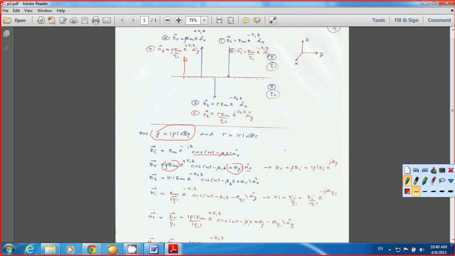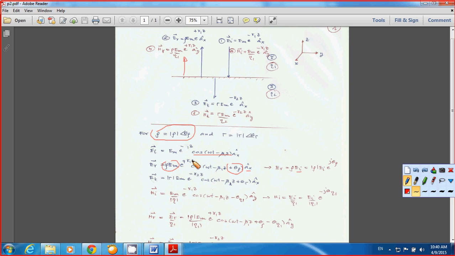Why do you put the positive sign here into the phase? These all are the phase, right? Well, you know the relation ER equals rho EI. This is the incident electric field. When your rho is equal to the magnitude rho and the phase angle, that means you add the phase angle to the phase of EI. So that's why I have the positive sign here to be your theta rho.